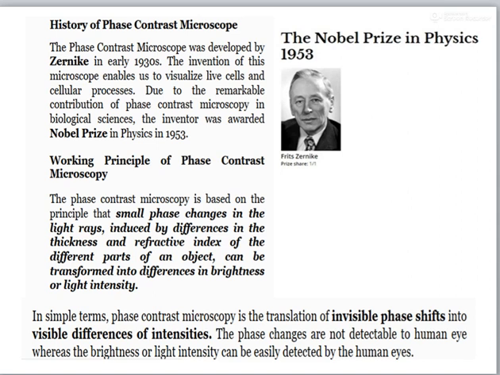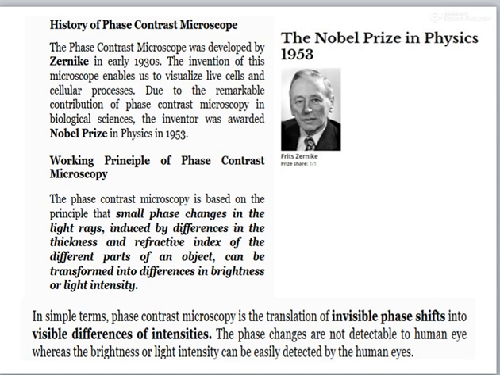Small phase changes in the light rays, induced by differences in the thickness as well as the refractive index of the different parts of the object, are transferred into differences of brightness or light intensity. It doesn't mean that the whole thing becomes dark, but the intensity of the brightness will vary at different parts of the specimen, and as a result you get a better contrast.